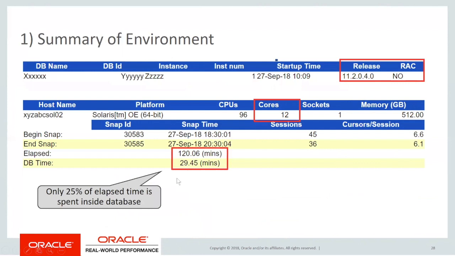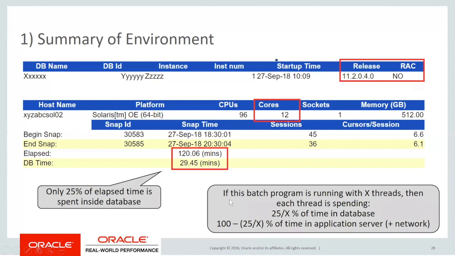Yeah, so with the knowledge that I have about this application, I can now say, well, if this batch program is running with, let's say, 1 thread, then each thread is spending 25% of its time in the database and 75% of its time outside the database, either in the application server or on the network.